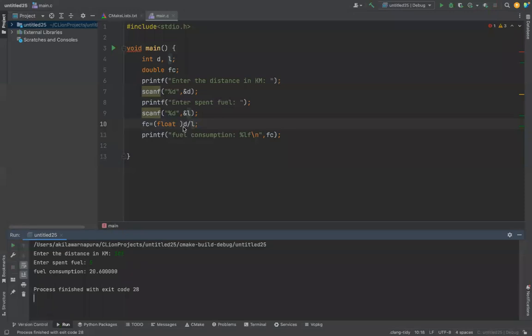You can put float for this side or float for the denominator L. Either side, numerator or denominator, you can put the float. If you want, you can put both sides, numerator and denominator. Okay, if you just use the D and L, that is incorrect. It's an integer division, not a floating point division.